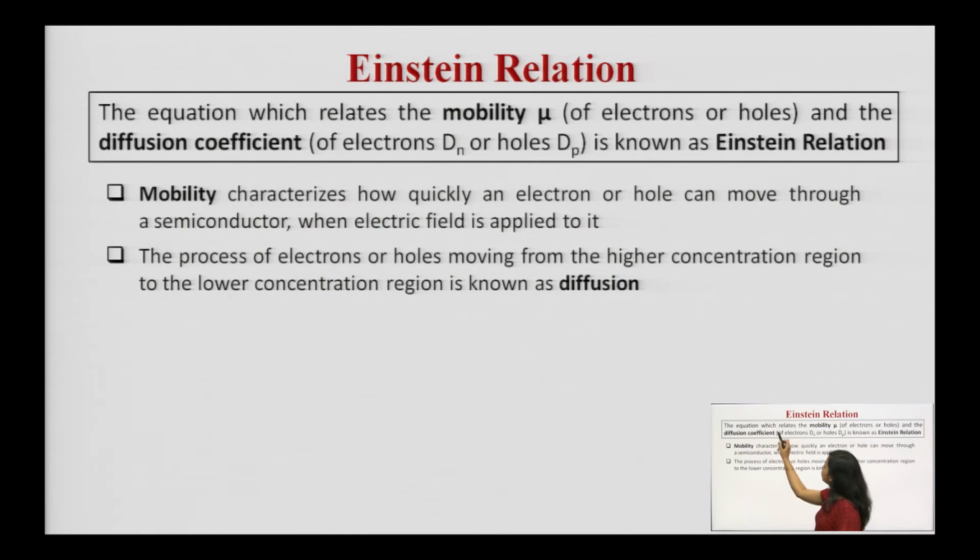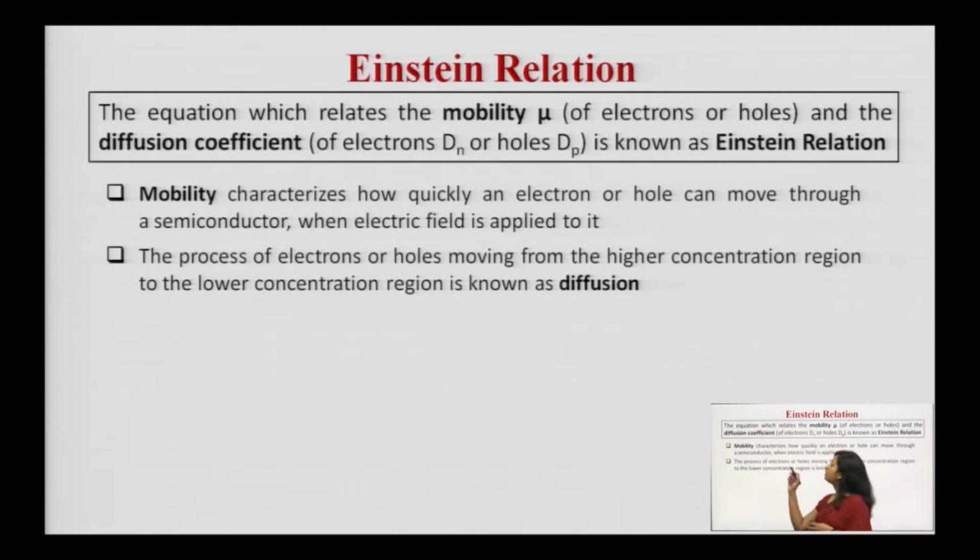See, the equation which relates the mobility, denoted by mu, and mobility means how the charge carriers are moving. Charge carriers are electrons, charge carriers are holes, means how mobile the charge carriers are.